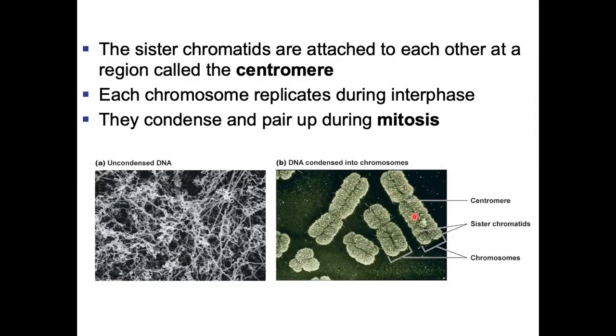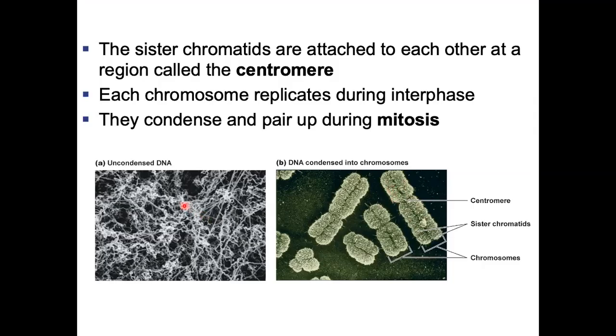Let's say your mom has brown eyes, the code for brown eyes, and your dad has the code for blue eyes. And so you have a brown eye code and a blue eye code. They both code for the same thing, they just have different traits or different copies of that. We call that an allele.